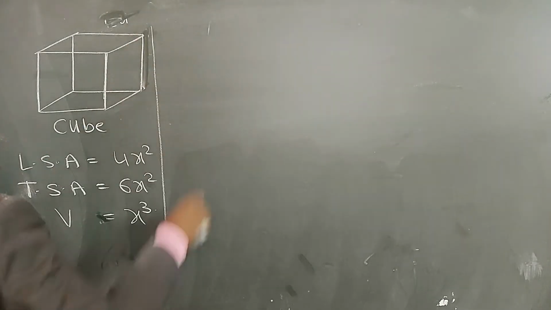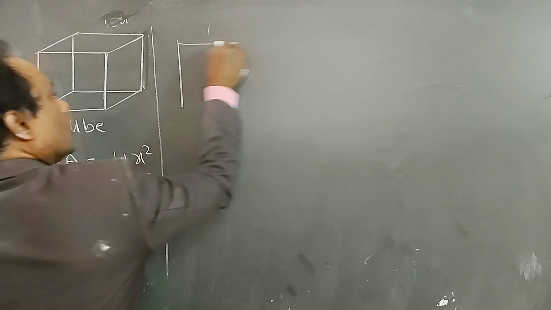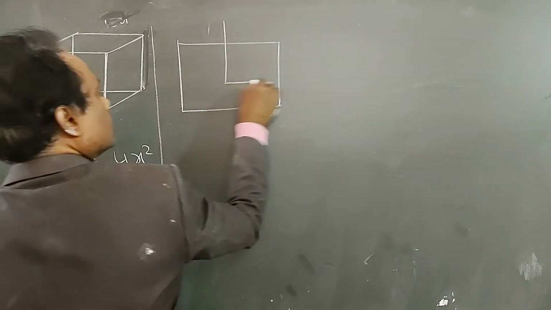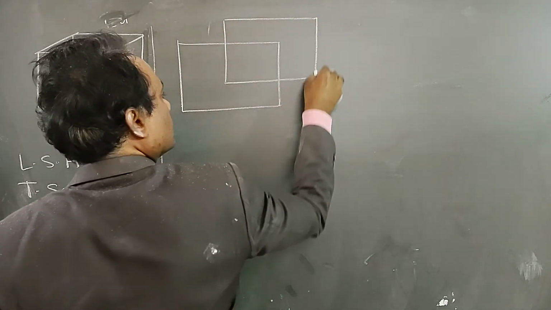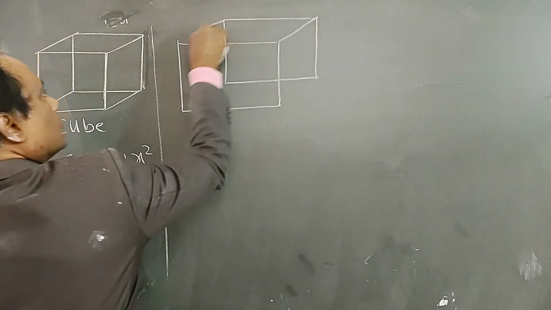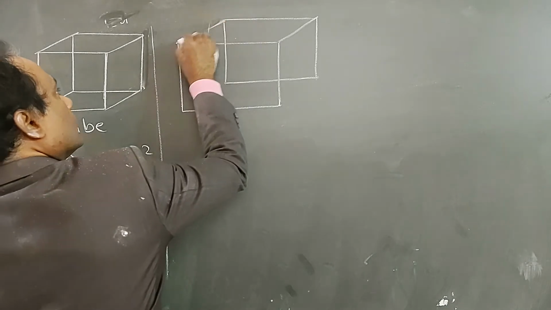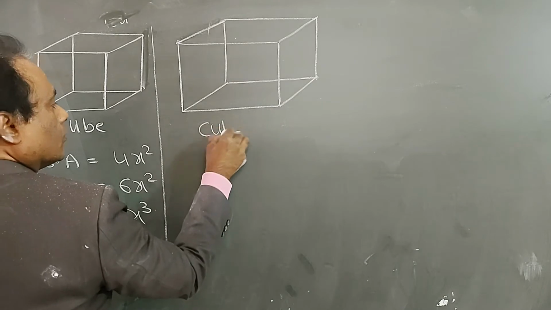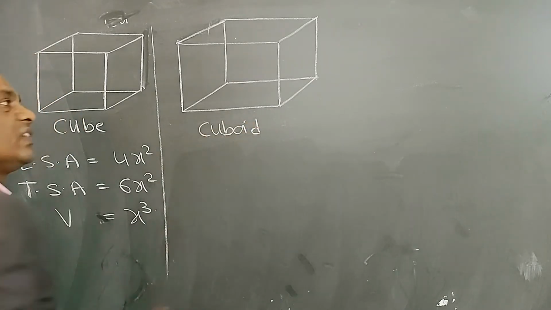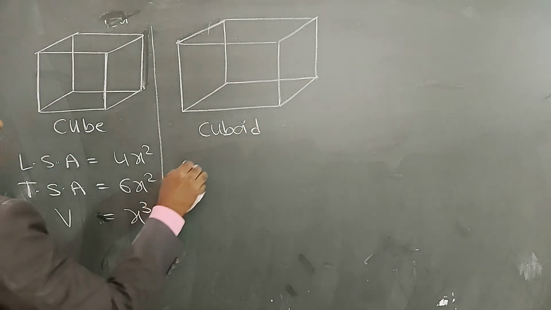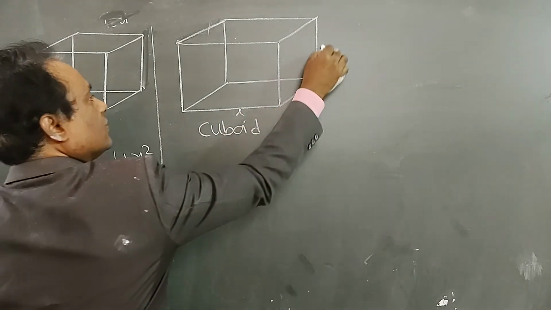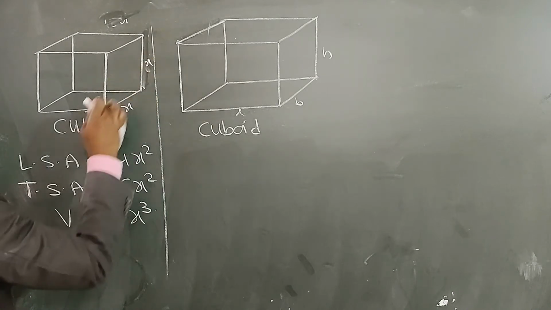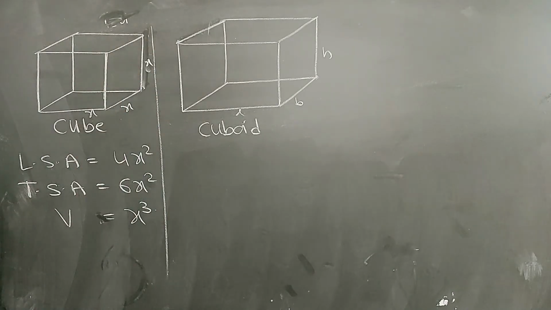Next, we also studied about cuboid. This is called cuboid, and this is length, this is breadth, this is height. Here all are equal, x, x, x. So then these are the formulas.